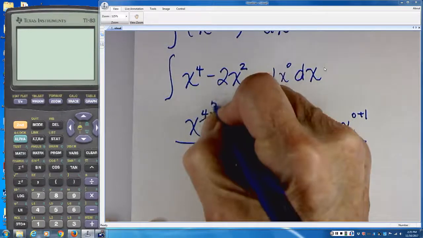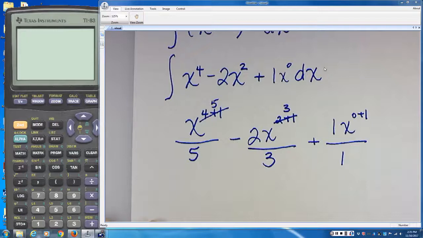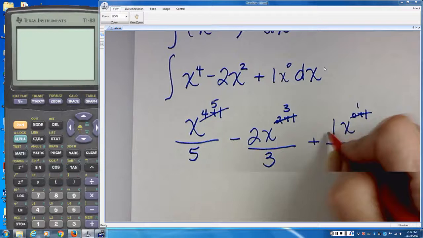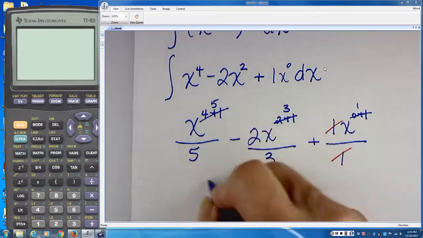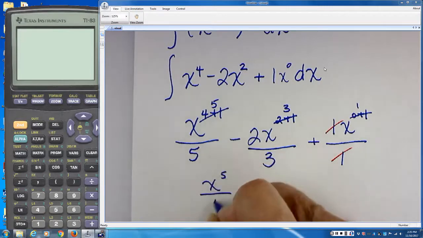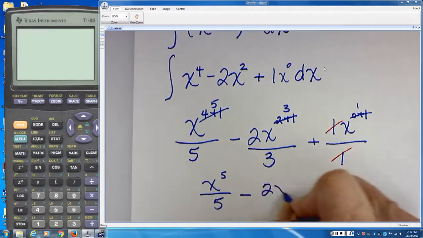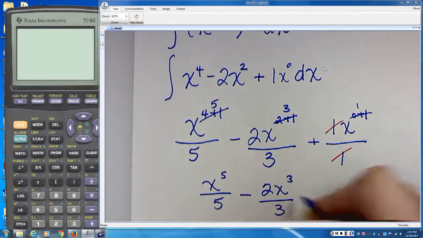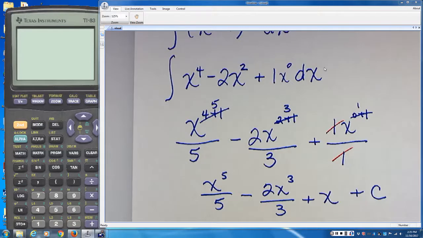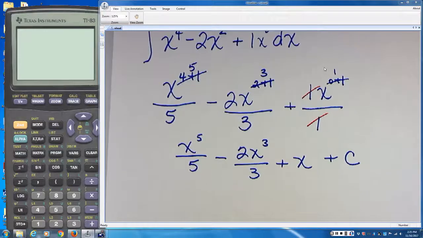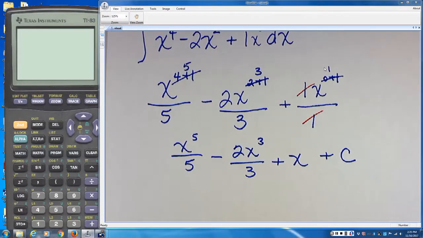And since 4 plus 1 is 5 here, and 2 plus 1 is 3, and 0 plus 1 is 1, these ones cancel, then our final integral is x to the 5th over 5 minus 2x to the 3rd over 3 plus just simply x plus the constant. Okay? Any questions?